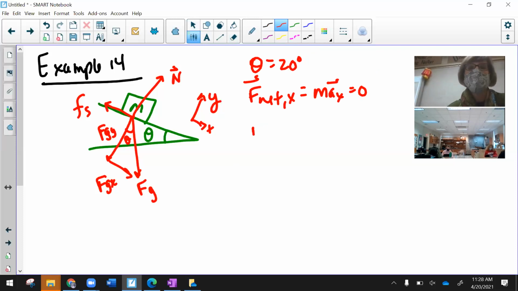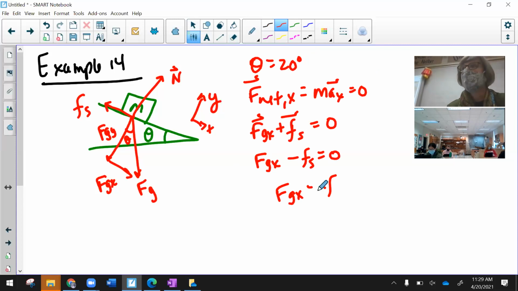So in the x direction, I've got FGX and the static friction force. FGX is positive, static friction force is negative. FGX is equal to Fs. And from my diagram, if you have the same theta that I do, then FGX is FG sine 20 degrees.